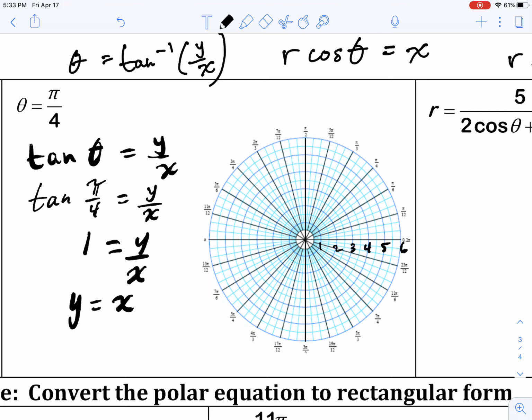Ask yourself, what would theta is equal to pi over 4 look like? What would that graph look like? What we're saying here is that no matter what our directed distance is, our angle is always going to be equal to pi over 4. What graph do we have? Exactly that right over here, y equals x. So hopefully that makes a little bit more sense there.